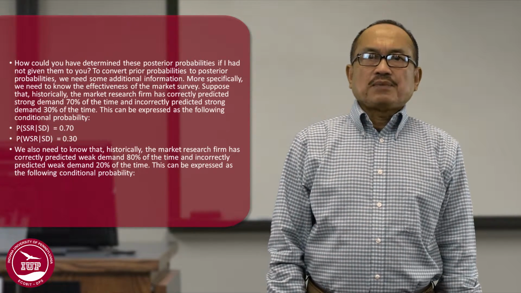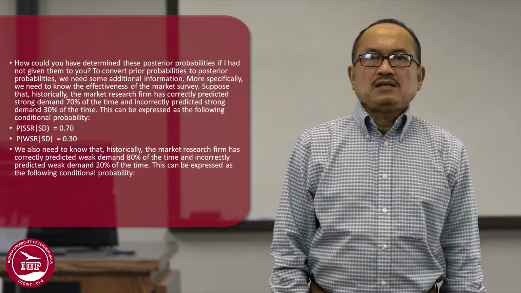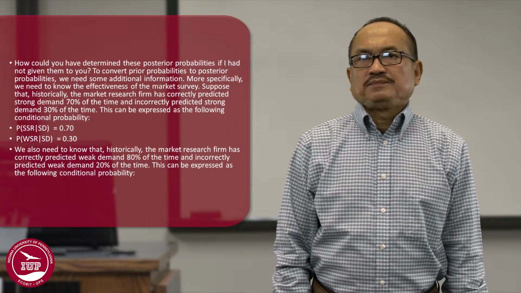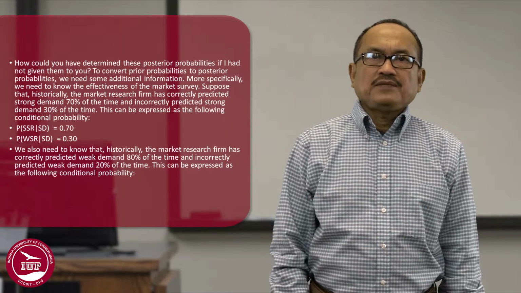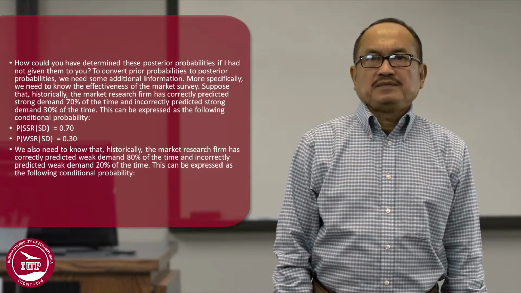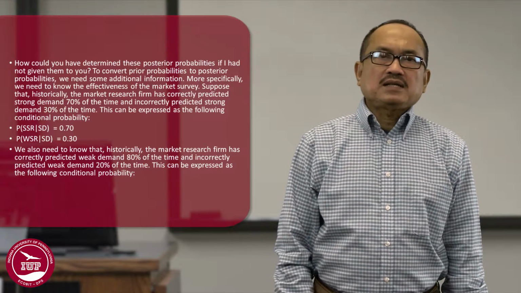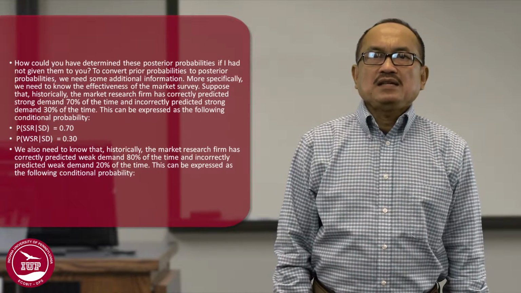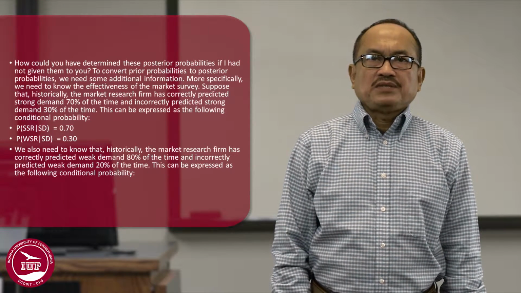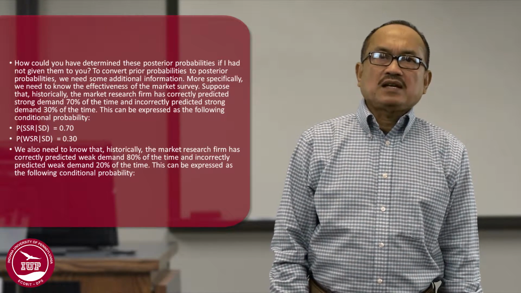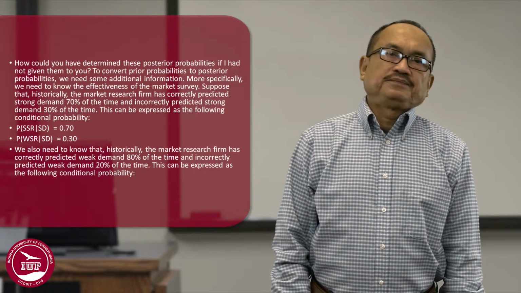To convert prior probabilities to posterior probabilities, we need some additional information. More specifically, we need to know the effectiveness of the market survey. Suppose that historically the market research firm has correctly predicted strong demand 70% of the time and incorrectly predicted weak demand 30% of the time.